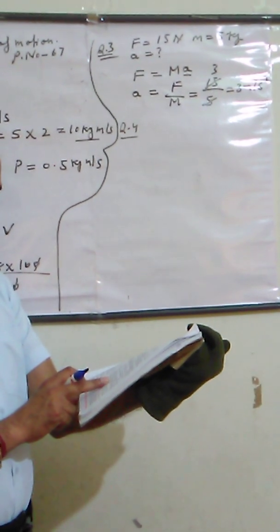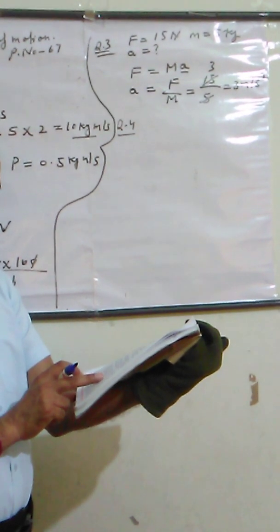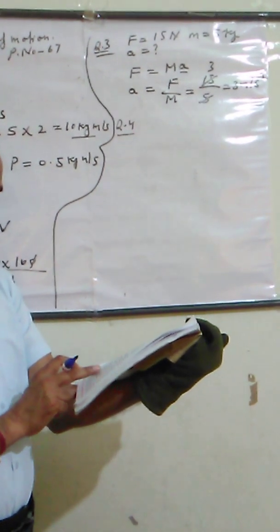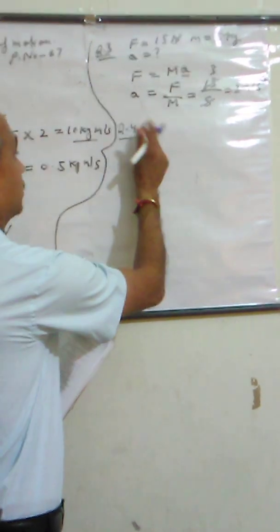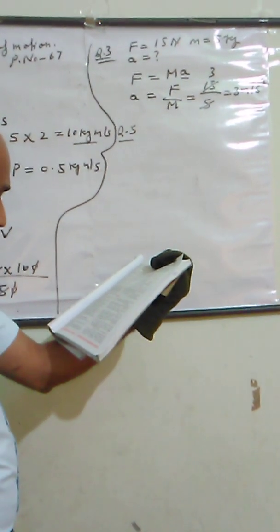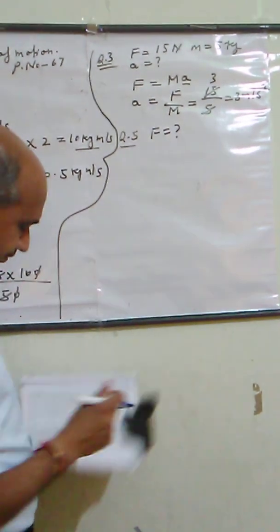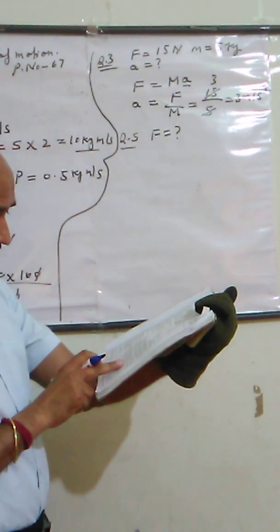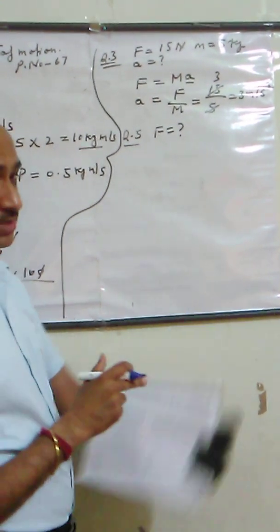Question number 5 says: calculate the magnitude of force which, when applied on a body of mass 0.5 kg, produces an acceleration of 5 meters per second squared. Again, it is a simple question. He is asking you to calculate the magnitude of force, which means we have to find the force.